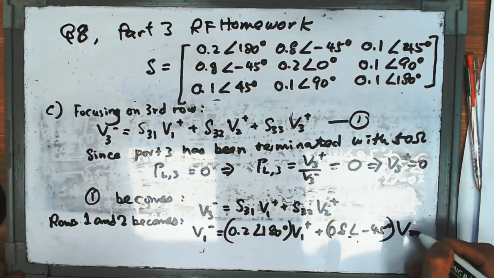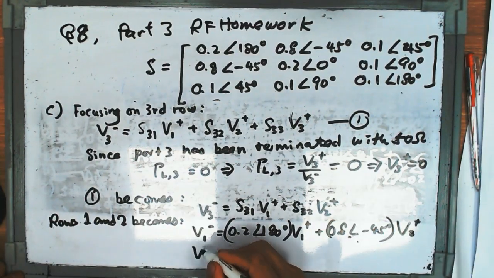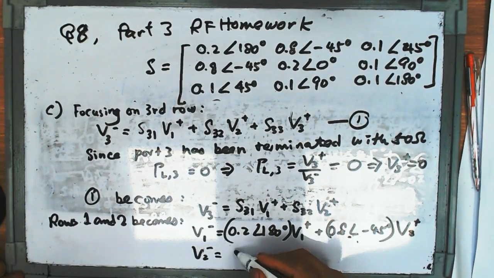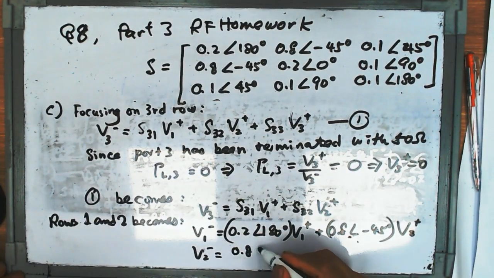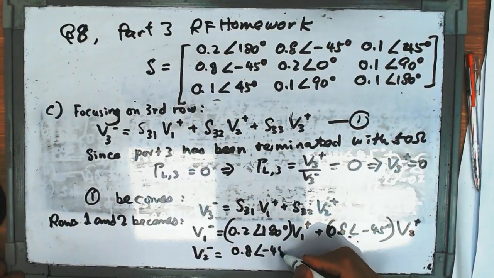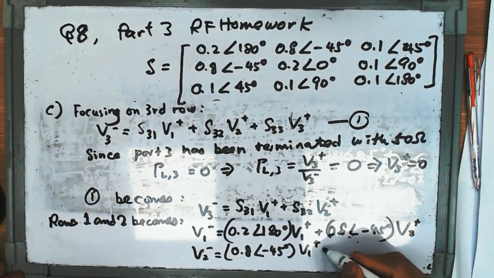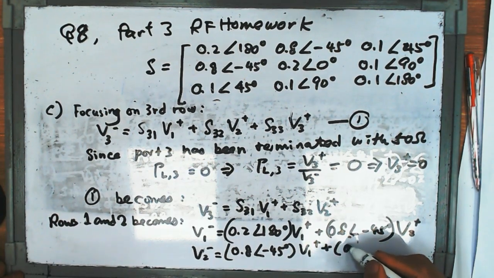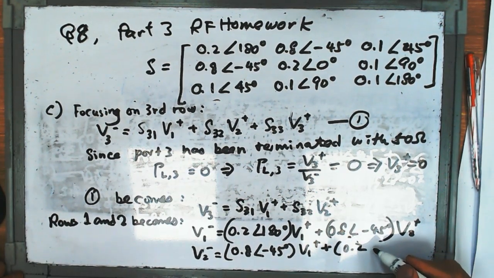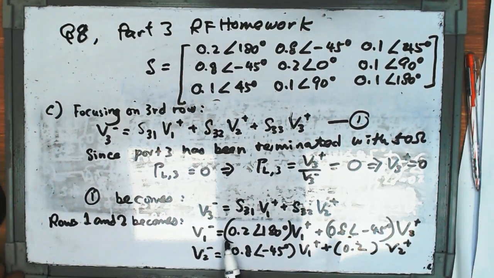Similarly for the second row. The bracketed values are the S parameters.